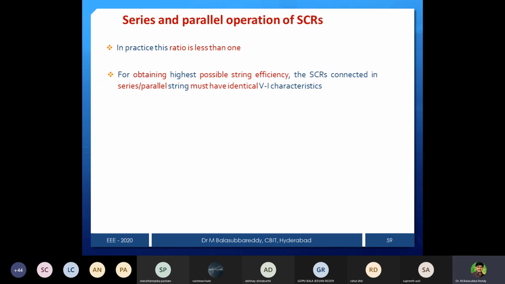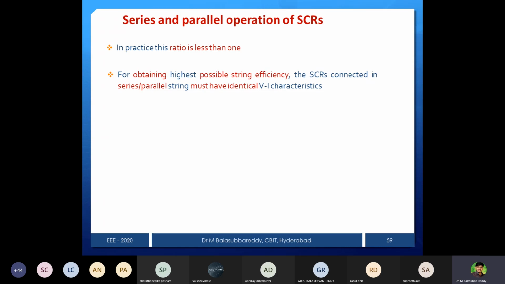To get the highest possible string efficiency, whether connected in series or in parallel, the SCRs must have identical VI characteristics. That is very important here, or a lot of problems will arise. How to overcome those problems, we'll discuss in this area.